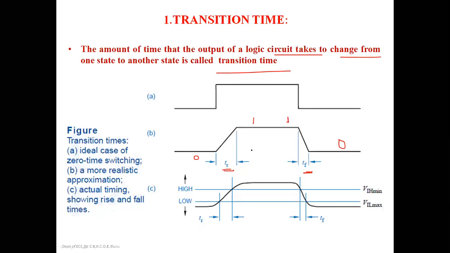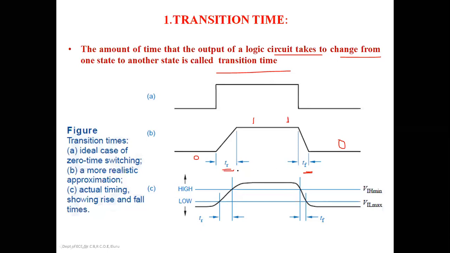To avoid these difficulties, the rise time and fall time are measured at the boundaries of the logic levels. We know the logic levels are voltage levels. We have four voltage logic levels: VOL, VOH, VIH, VIL. Now you can measure the rise time and the fall time.